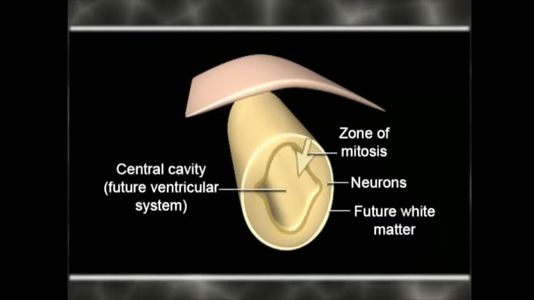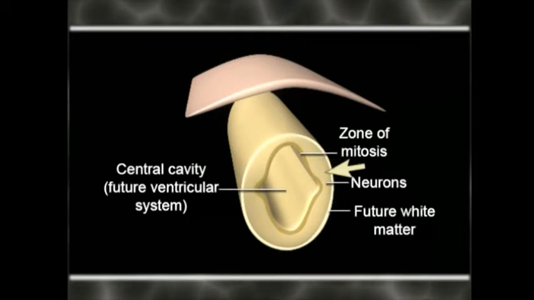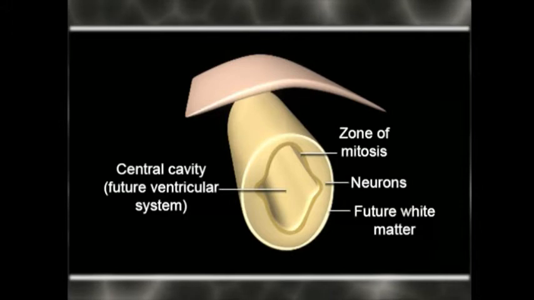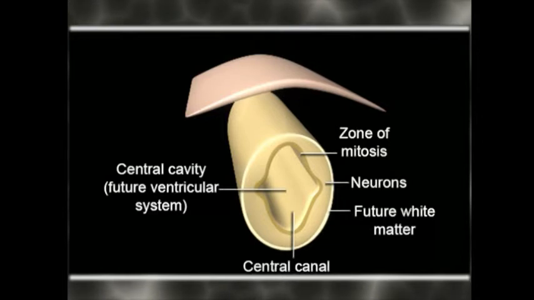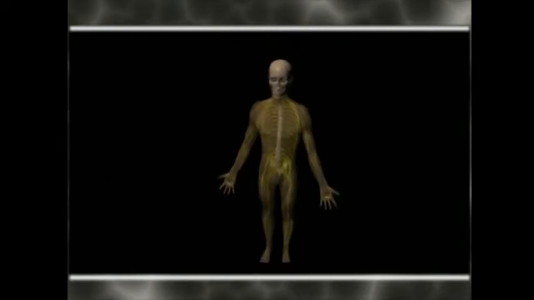The neurons are generated in this mitotic zone, cell division zone right here, and then the neurons are going to migrate away, but they never migrate very far. So even in the adult brain and the spinal cord, the neurons are going to stay near that central hole or cavity, which we call the central canal in the adult spinal cord. So they never migrate away.